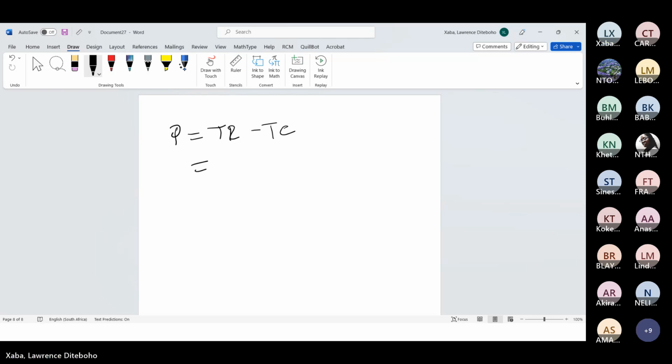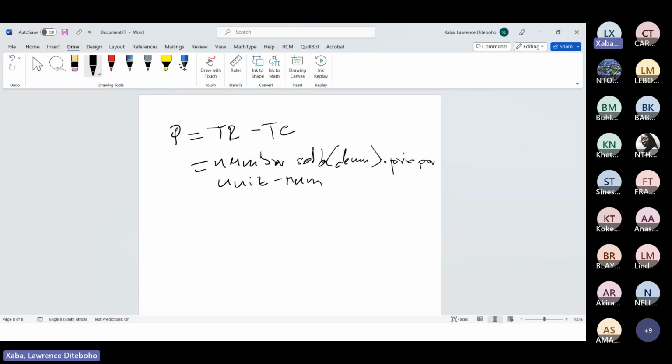And we are saying we have the number sold, which is demand, times the price per unit, minus the number sold times the cost per unit.